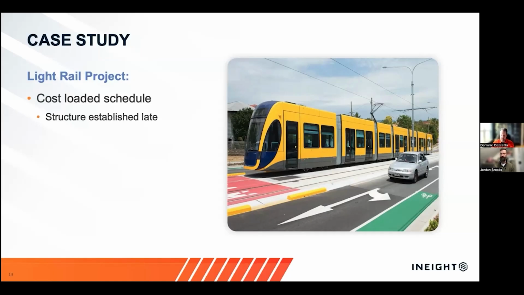So this cost loaded schedule that I basically adopted was already built for me, and I had to go through the process of cost loading it. The structure was established really by the owner, but it was established late in the process. There obviously were some challenges of trying to align our structure with that owner's preferred structure.